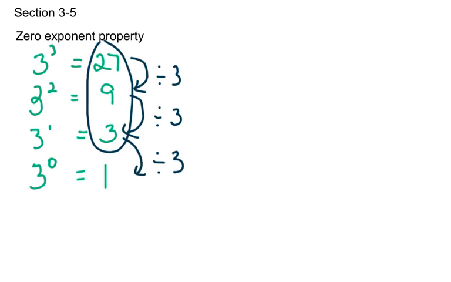We're going to do the same type of thing with a different base. We're going to do a base of 4. So 4 to the third power, that should be memorized, that's 64. 4 to the second power is 16. 4 to the first power is 4.